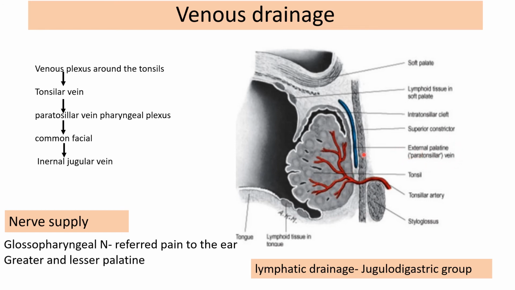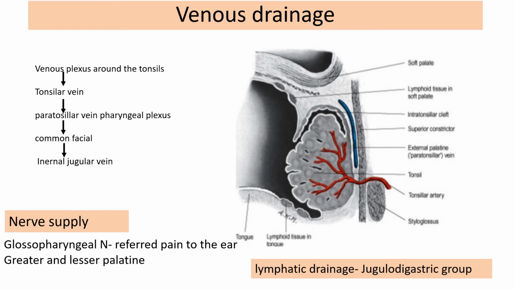It can drain into the pharyngeal venous plexus, which is present just outside the pharyngeal wall posteriorly, or into the common facial vein, and then ultimately they drain into the internal jugular vein.